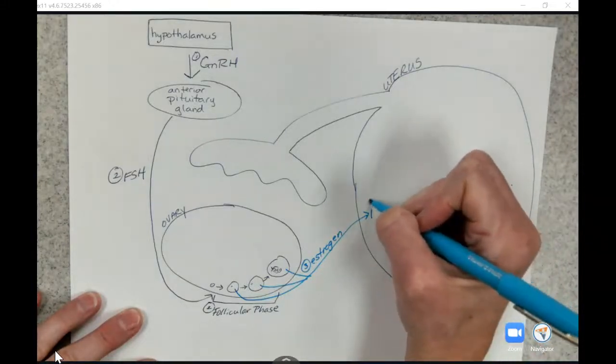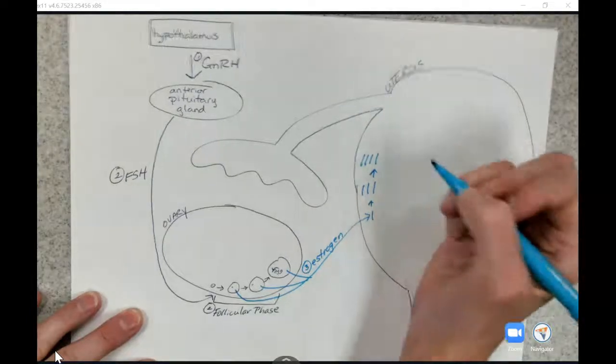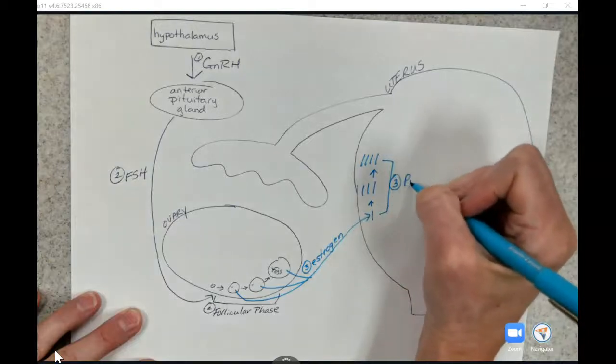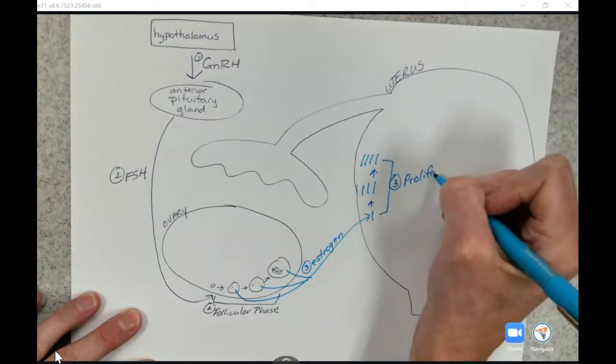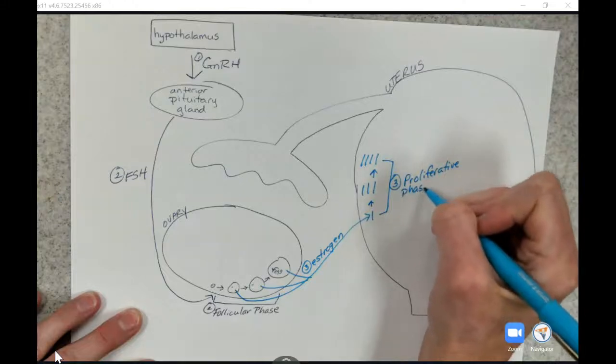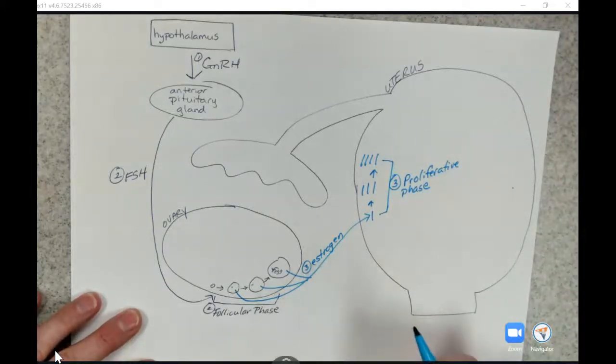So we're going to have a little bit of lining, we're going to have more lining, we're going to have lots more lining. So this is caused by estrogen, and this is the proliferative phase of the uterine cycle, and that's directly caused by estrogen.